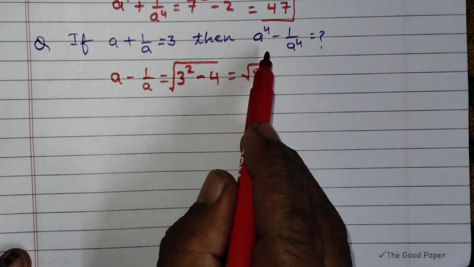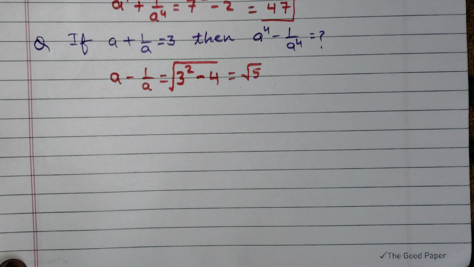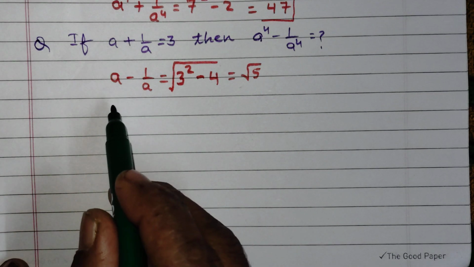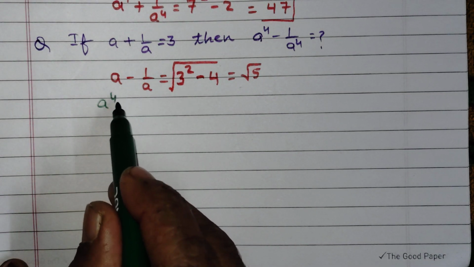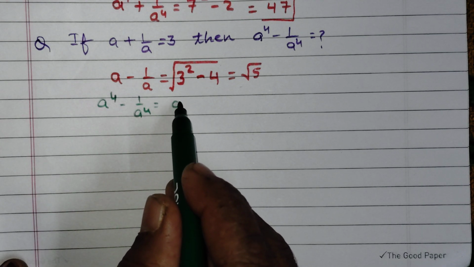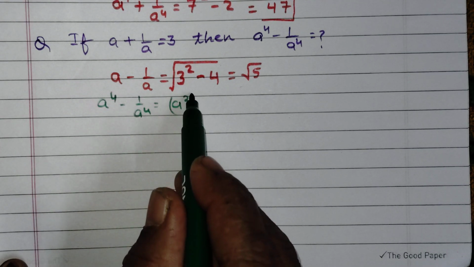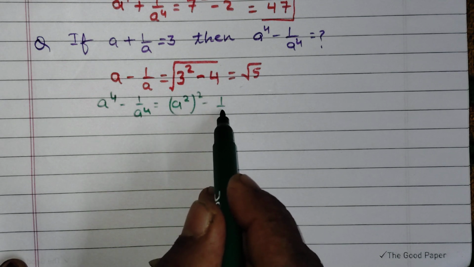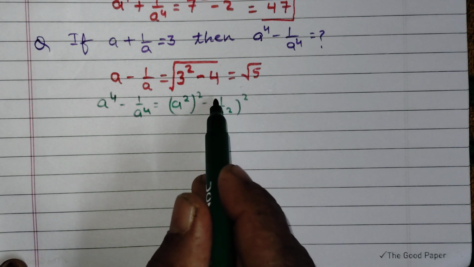Now we have to find out a raised power 4 minus 1 upon a raised power 4. Its identity we write down first. So a raised power 4 minus 1 upon a raised power 4 can be written as a square whole square minus 1 upon a square whole square.